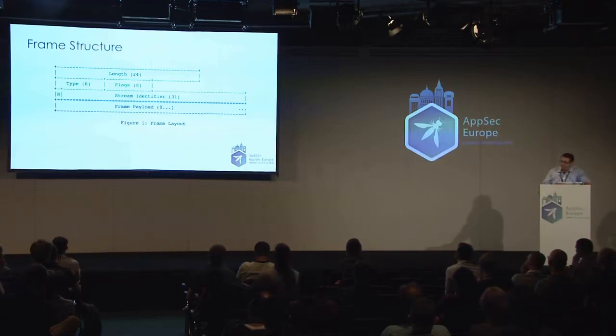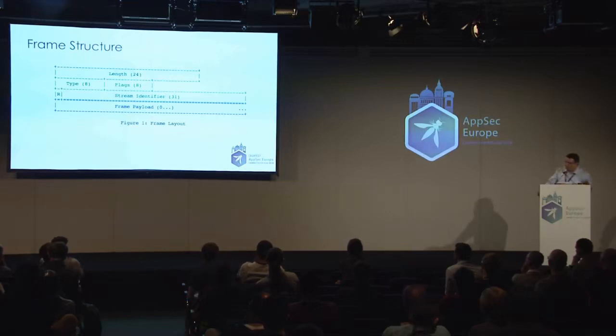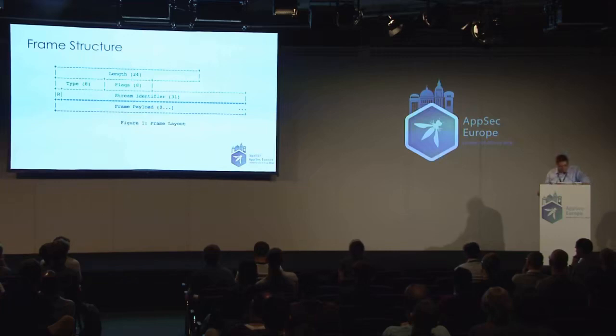Then the next 8 bits would be declaring the type of this frame. We have another 8 bits reserved for the flags, one reserved bit which was not allocated with any semantics in the RFC, and the stream identifier. As I've said, we have 31 bits for the stream identifier. That's a huge space. Next would follow the payload.